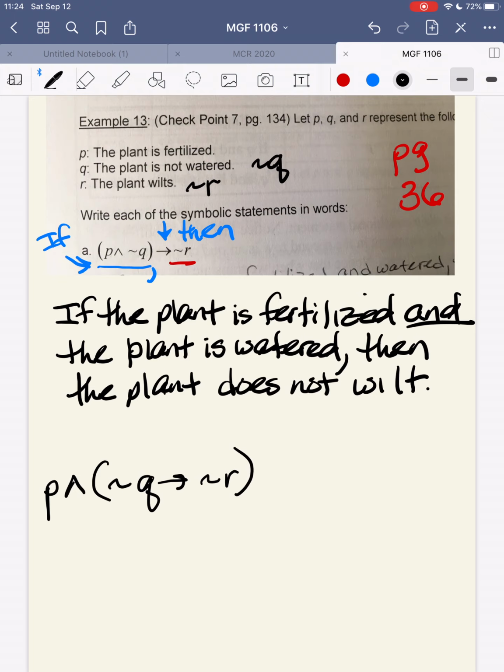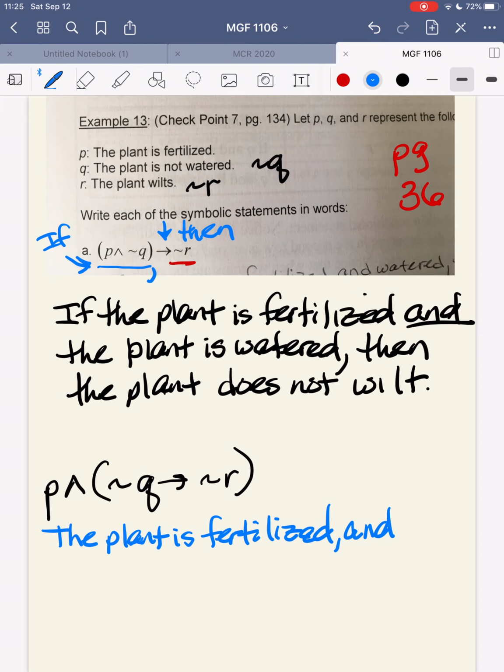All right. Now let's go ahead and look at the second one. And first I have P, so the plant is fertilized. The plant is fertilized, comma, and this is an if-then statement, right?